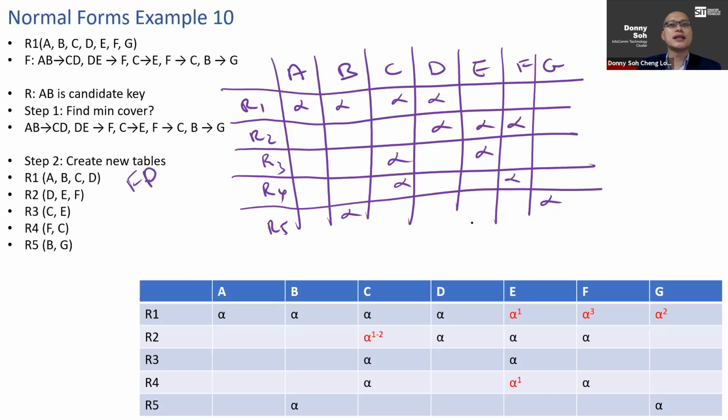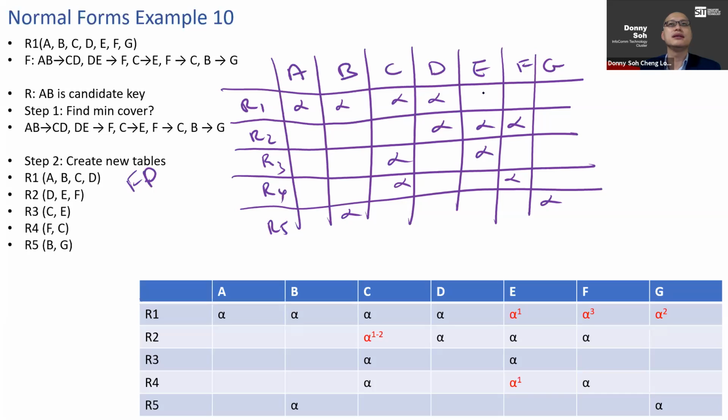So let's check to see if it is a lossless decomposition or not. AB, nothing you can do there. DE, nothing you can do. C implies E, I think there's something you can do there.